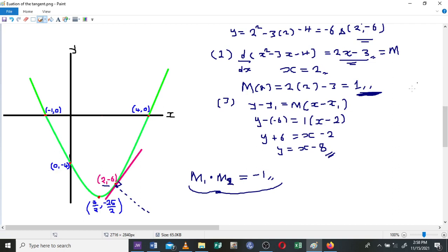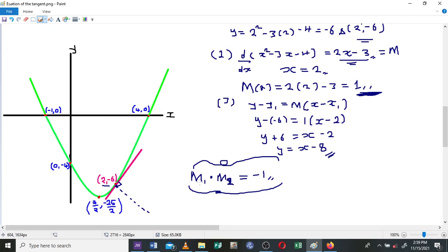So the product between the gradient of your tangent line and your normal line should be negative 1.